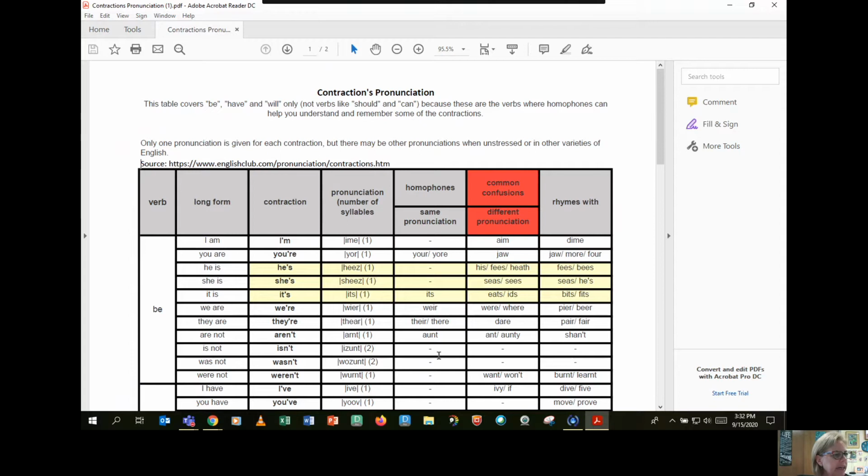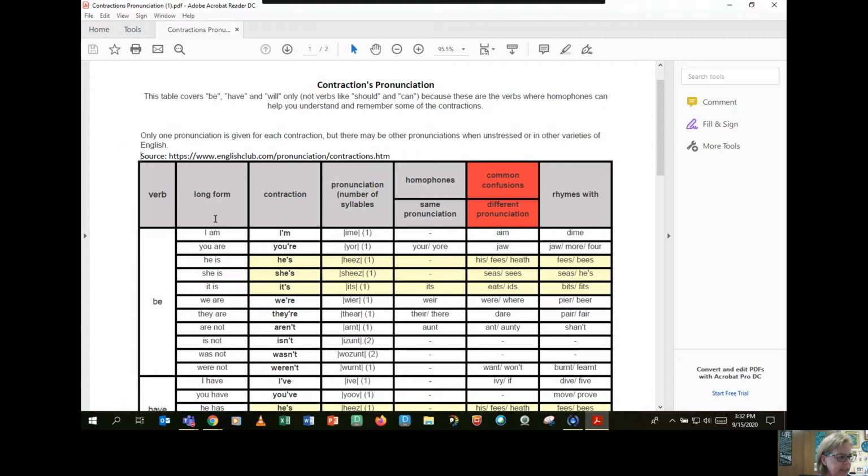Looking at our list here, this table is going to cover be, have, and will, not verbs like should or can. You can use this when you take your quiz. I want you to notice we have the verb be, then we have the long form, how we would say it, and then we have it as a contraction.